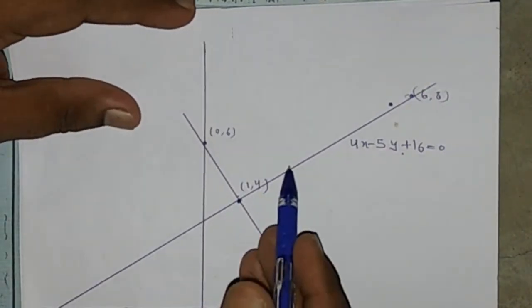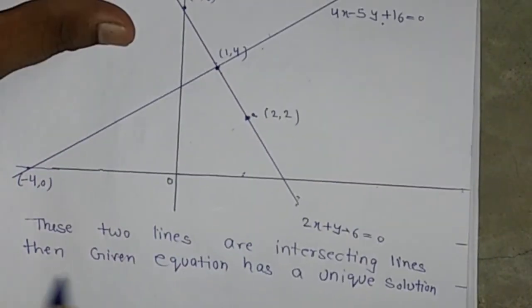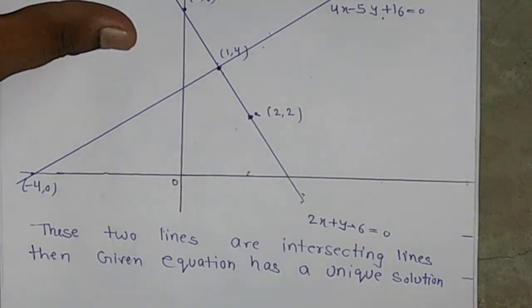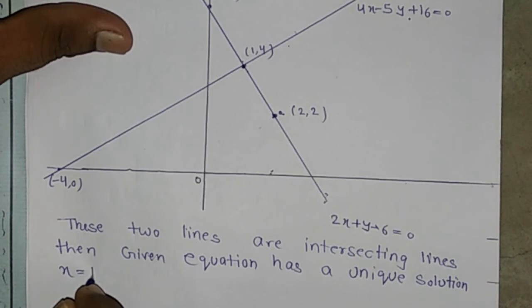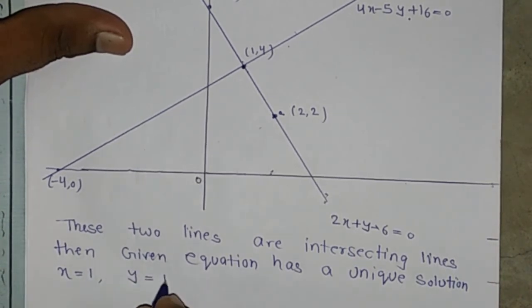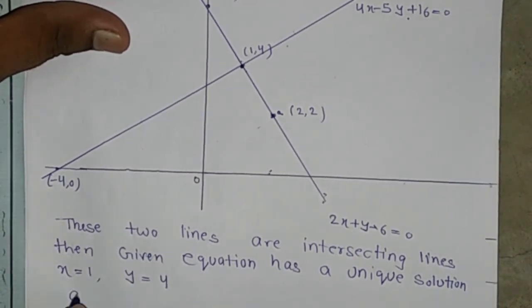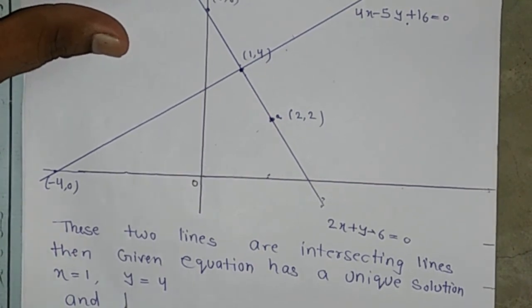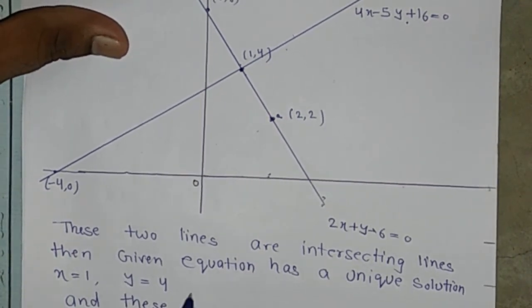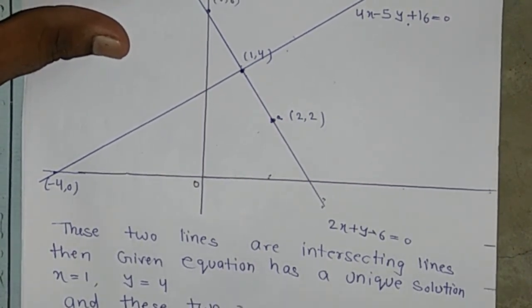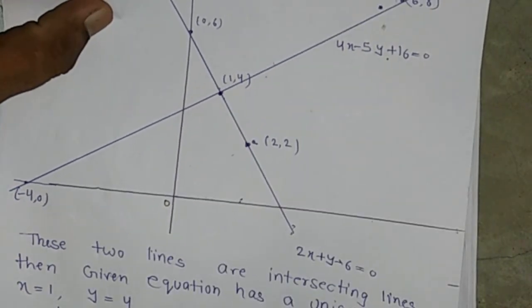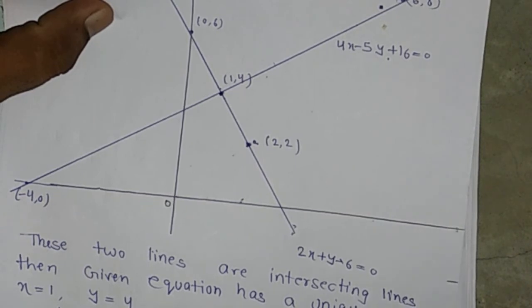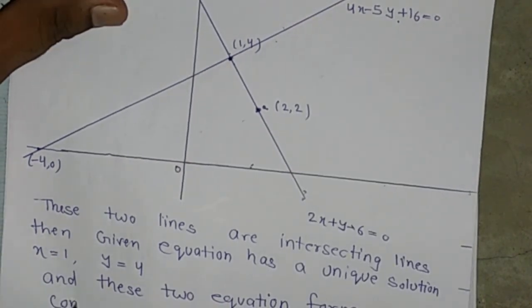The unique solution is the intersection of both these lines, which means the unique solution is x equals 1 and y equals 4, and these two equations form a consistent system.